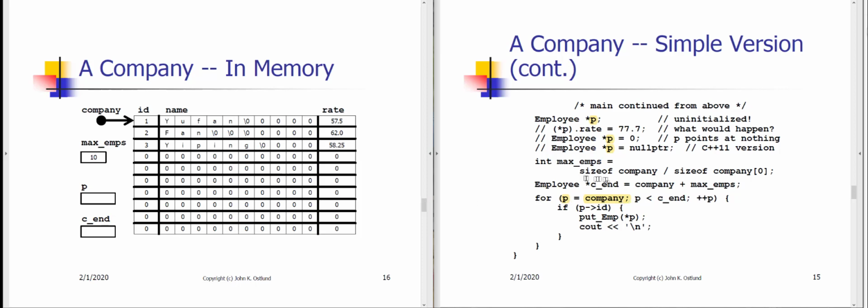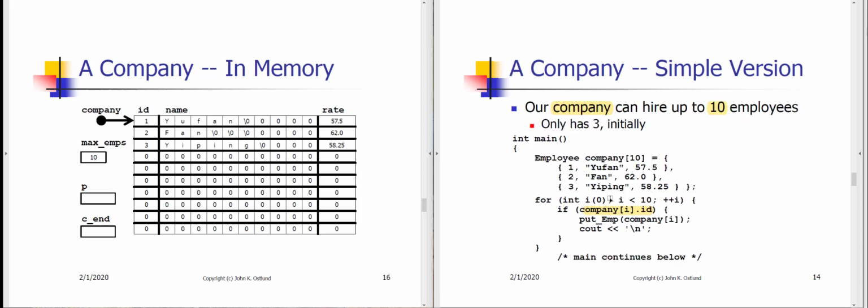How can we get the number of employees in the company? Well, in the first part of this program, we sort of cheated a little bit. We said that company was an array of 10 employees, and then we just used the 10 here in our loop without commenting on it or making a big deal out of it.